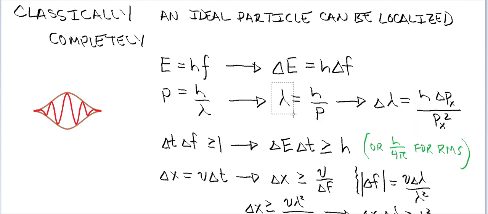If lambda is h over p and you took d lambda dp, you would get minus h over p squared, which tells us that delta lambda should be minus h delta p over p squared, but I just care about the magnitude. So if it makes you happier, put absolute value signs in your notes.